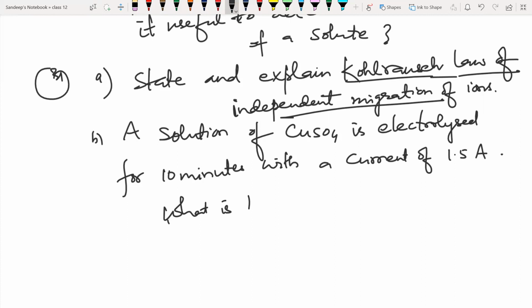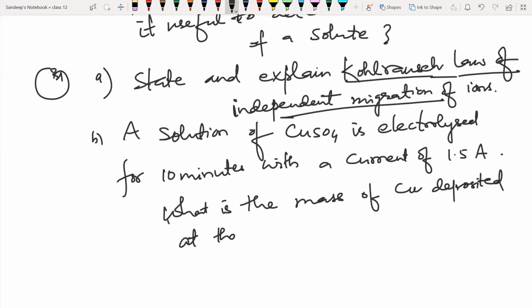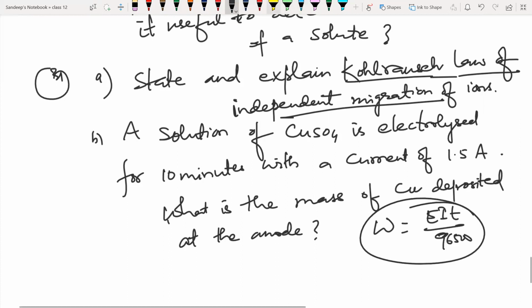What is the mass of copper deposited at the anode? So this is very easy, from Faraday's first law. You can use M = ZIt, that is EIt by 96500. This formula, Faraday's first law, you can definitely use to get the result. So this is from Faraday's law and Kohlrausch's law. So these are important questions.